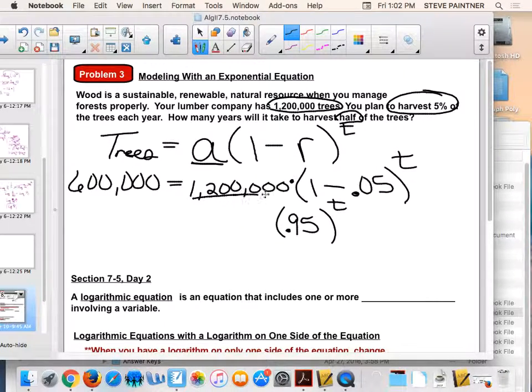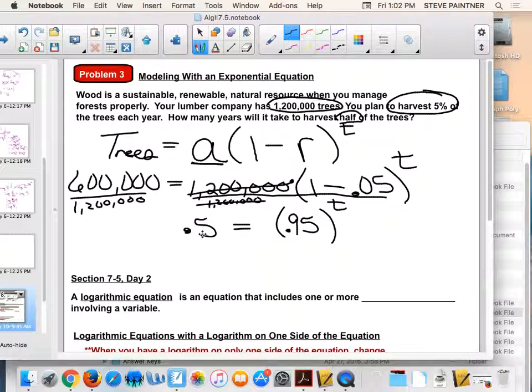We would just divide, wouldn't we? By 1,200,000. And then over here, divide by 1,200,000. What do you get? You should get a half. You cut that number in half, you're getting a half.